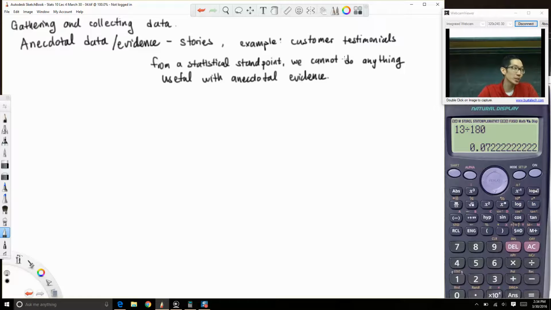We're not discounting or discrediting what happened, but these isolated stories, from a statistical perspective, there's not much we can do with them. It's hard to do anything from a statistical perspective when you're dealing with anecdotal data.